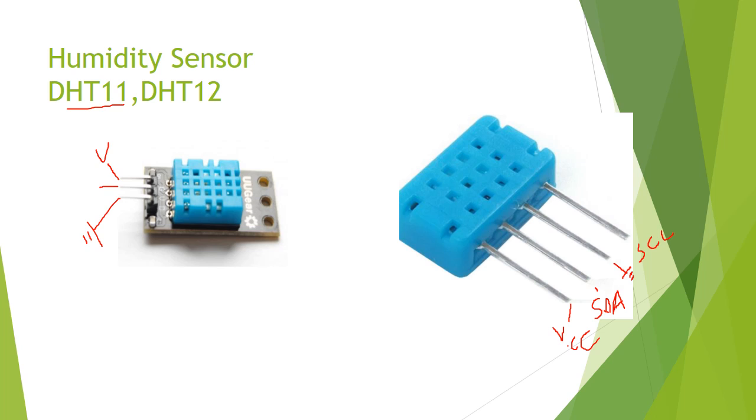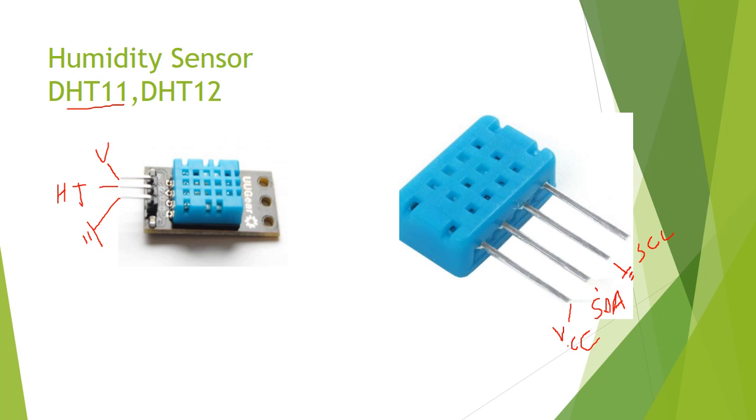Now this data pin will carry both your humidity as well as temperature data, so there will be a time difference between the transfer of these two data.